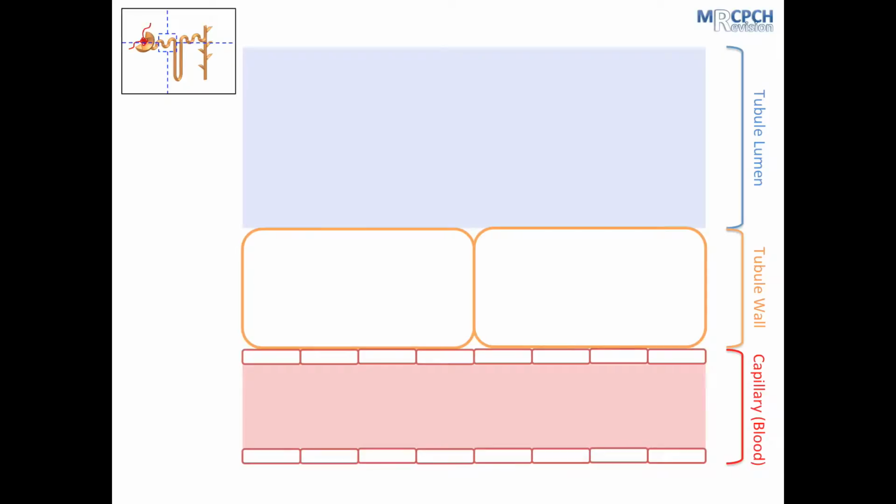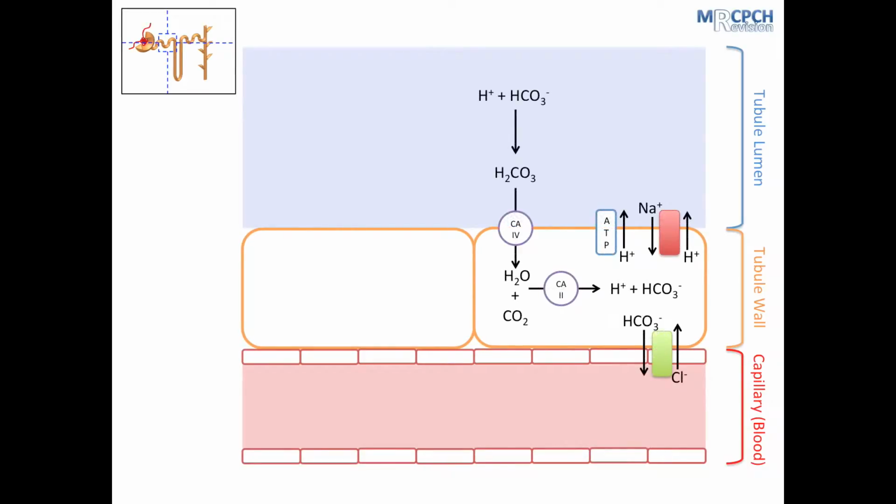So we'll recap that again on this side. Back again, the filtered proton and bicarbonate join up to form carbonic acid, that then joins up with luminal carbonic anhydrase 4 to form water and carbon dioxide, which is then taken up by carbonic anhydrase 2 and converted into protons and bicarbonate.